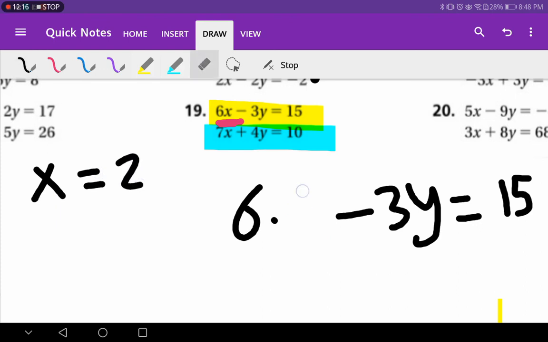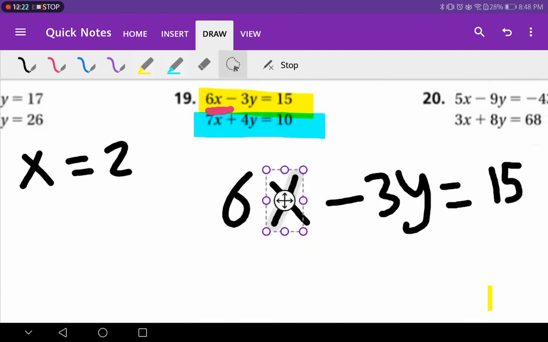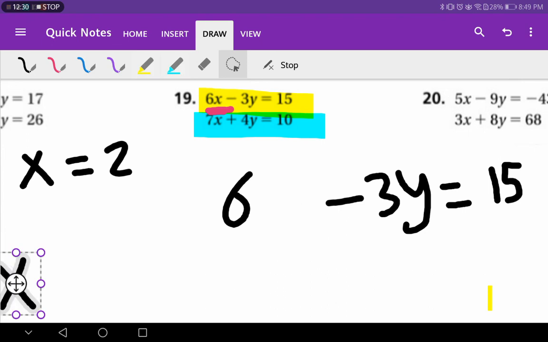It was like this, and I removed this and brought this. It is 6 multiplied by 2 equals 12.